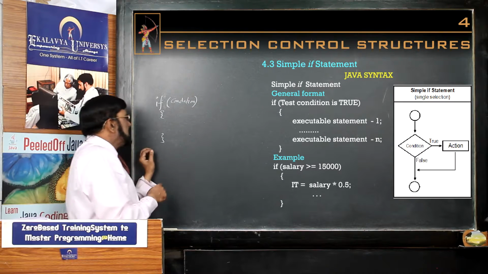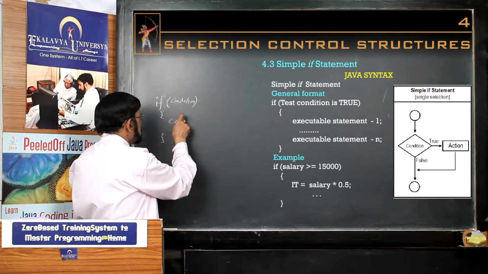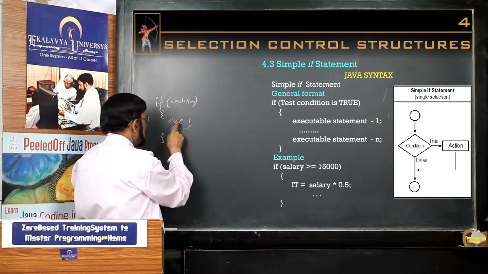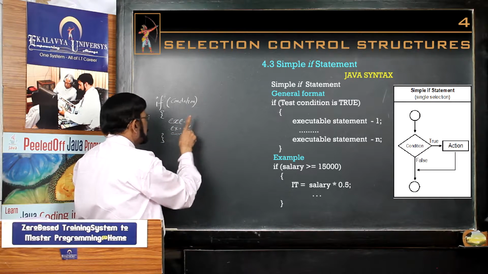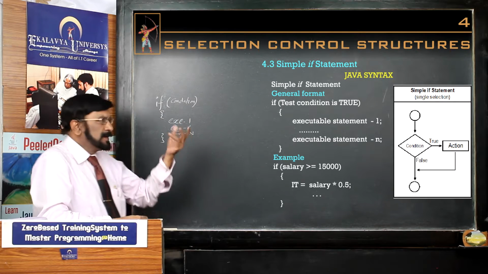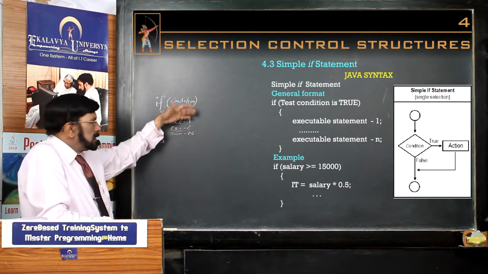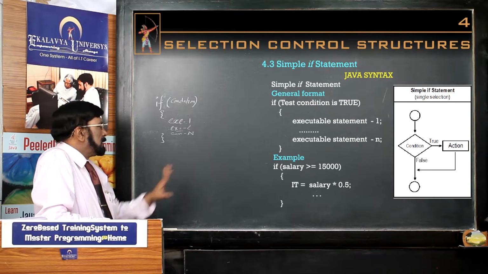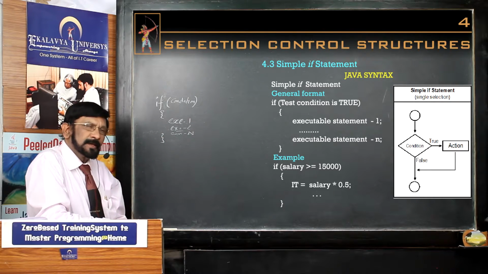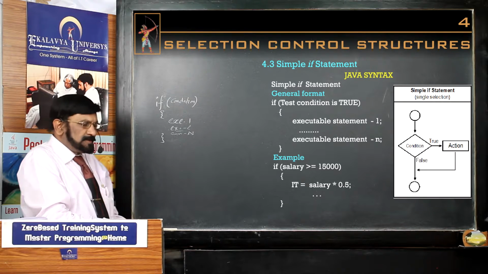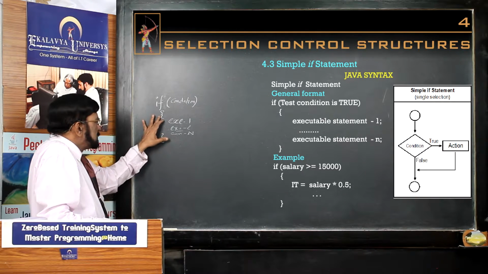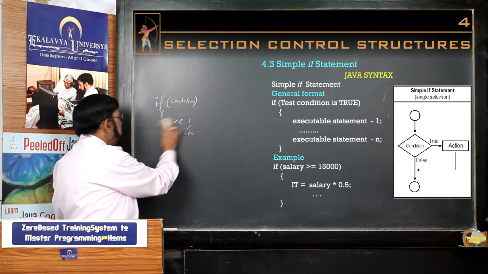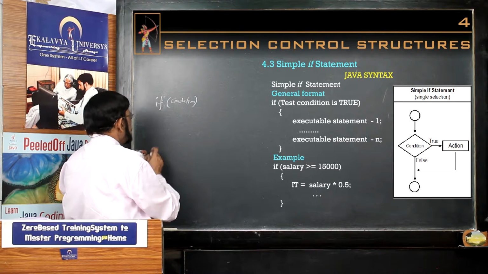Thereafter, the executable statements: executable statement 1, executable statement 2, executable statement n. Depending on the requirement, you can write any number of executable statements here. There is no limit on that. But one thing: this block is not compulsory if there is only one statement.